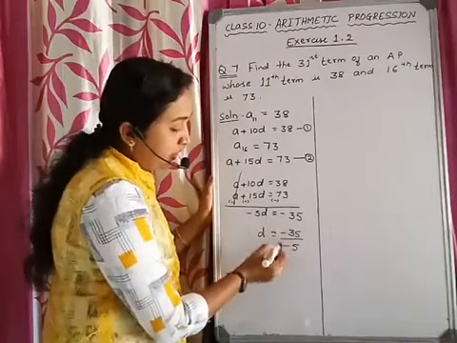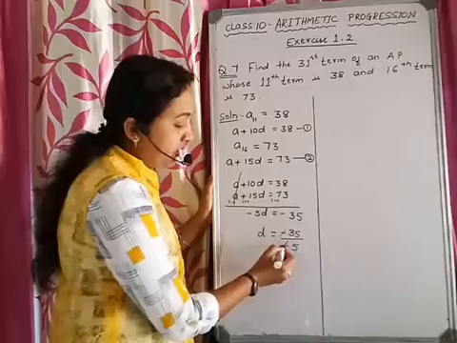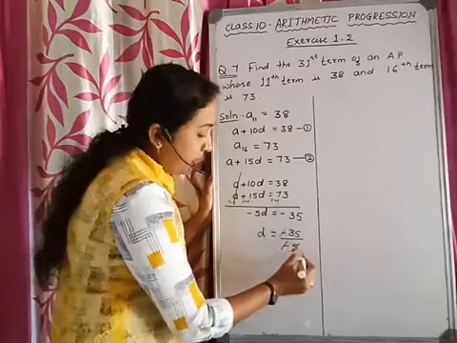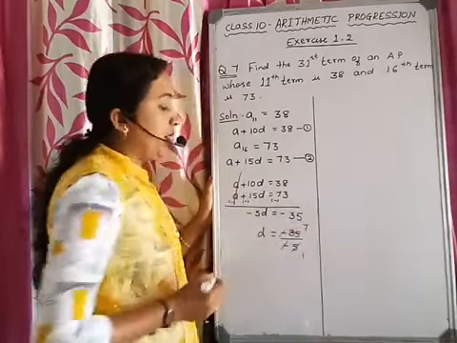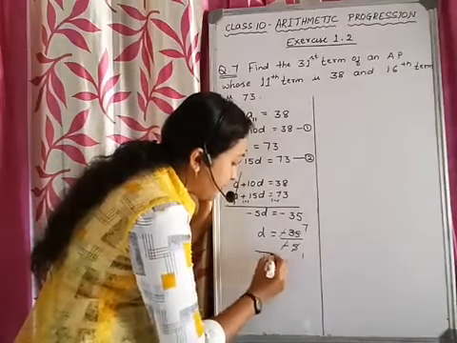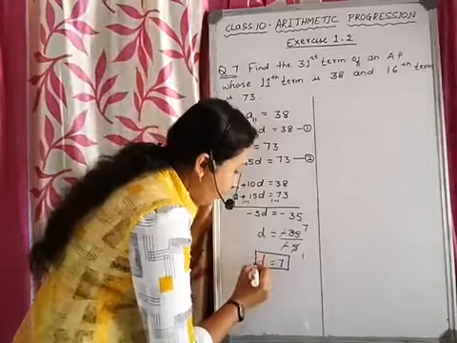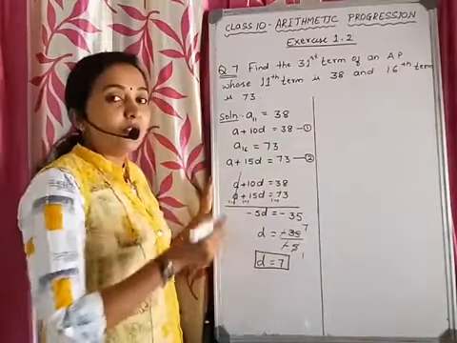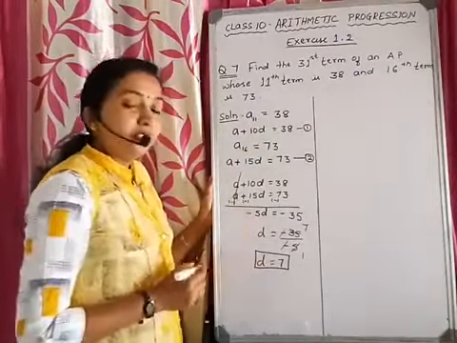So both are minus, so minus minus gets cancelled. So 5 ones are 5, 5 sevens are 35. So d is equal to 7.